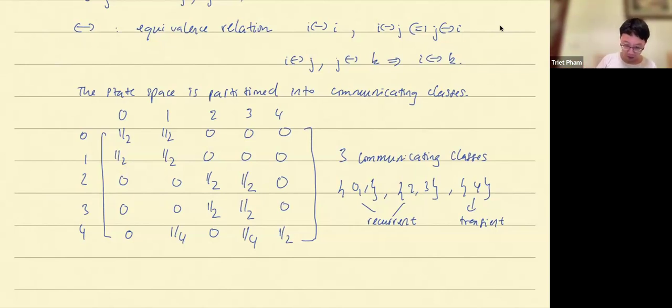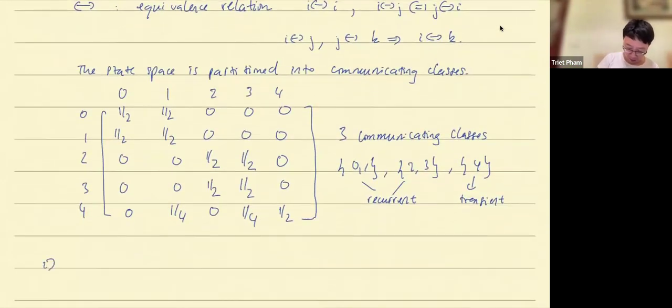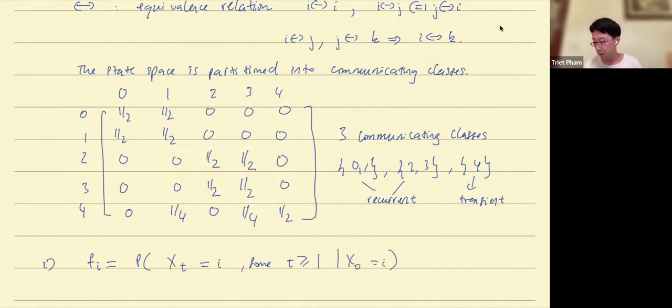So I guess we have to define f sub I as the probability that you ever return to state I. And here you actually need to take at least one step starting at I. So starting at a state, will you ever return to that state?